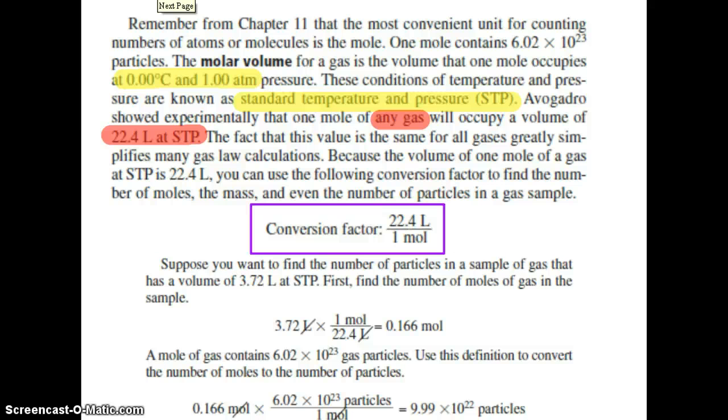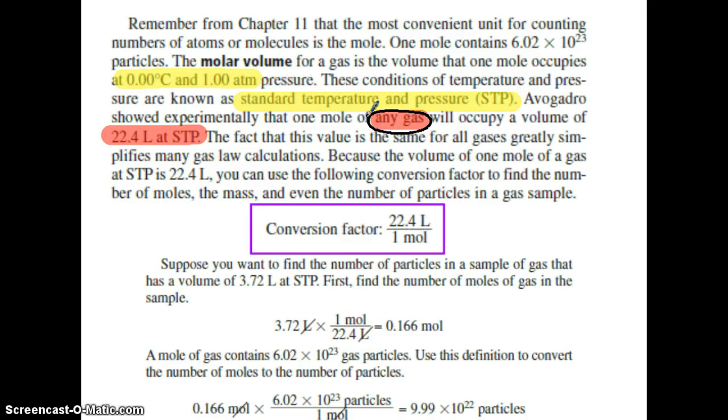If you're at standard temperature and pressure, and standard temperature and pressure is 0 degrees Celsius, or 273 Kelvin, and 1 atmosphere. So we're talking about freezing and regular atmospheric pressure. 1 mole of any gas, absolutely positively any gas, is going to have the exact same volume, 22.4 liters.